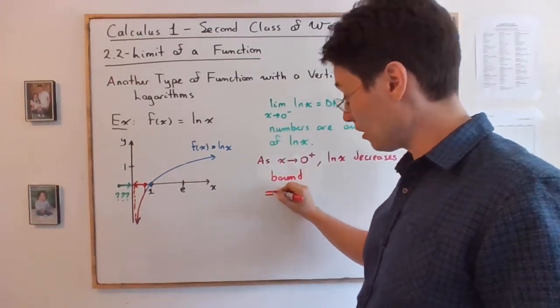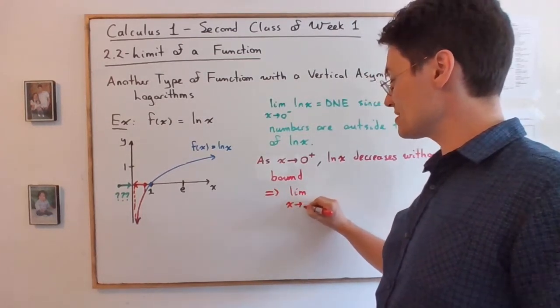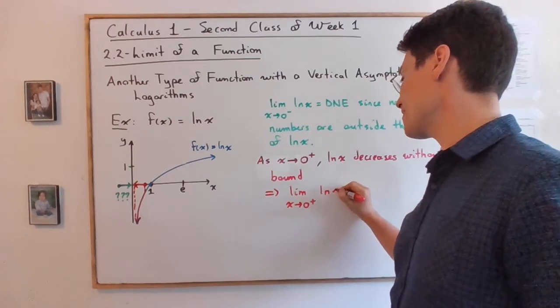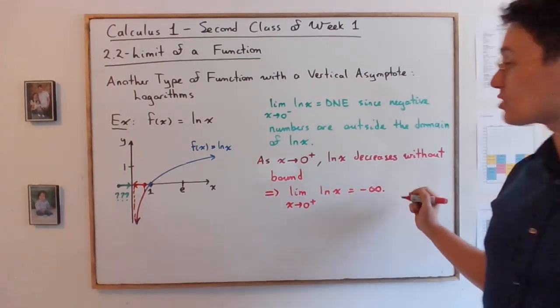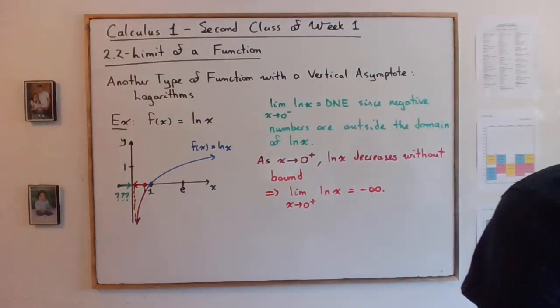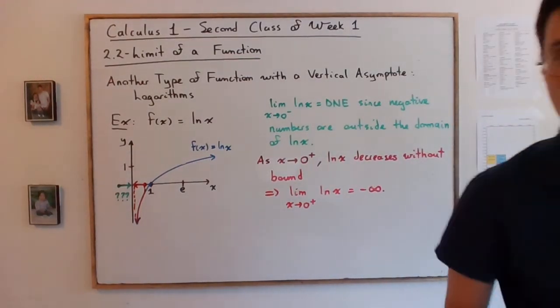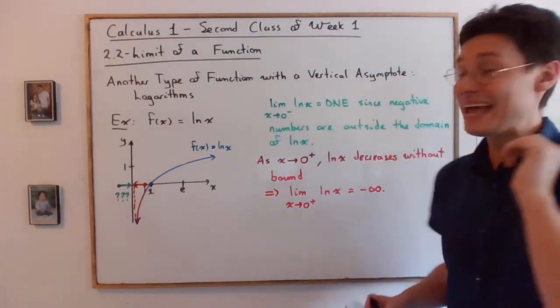So as a result, the limit as x is approaching 0 plus of ln of x is negative infinity. Both of these limits you can read from the graph. This is true for ln of x.